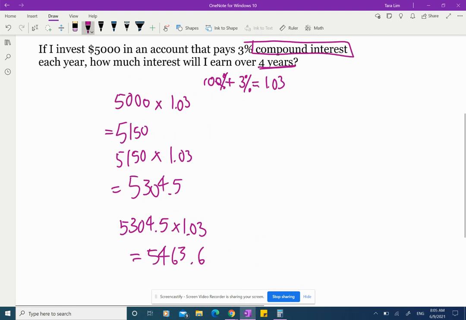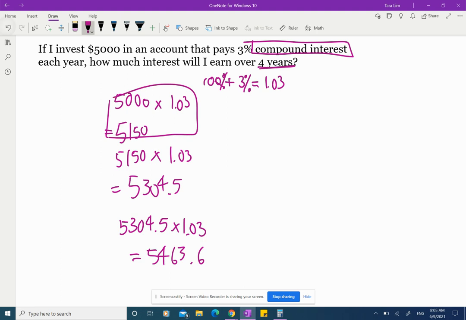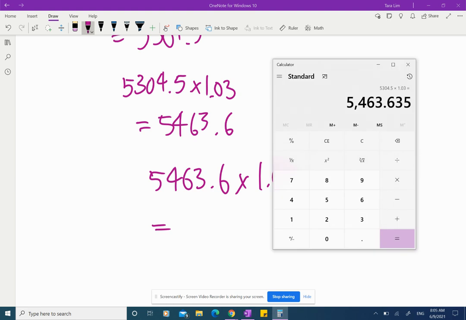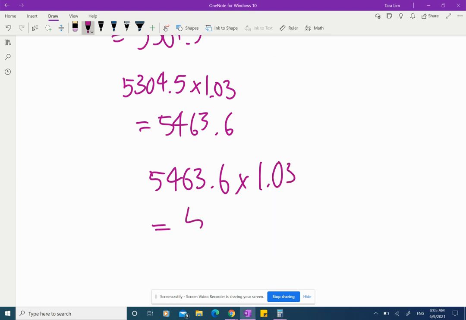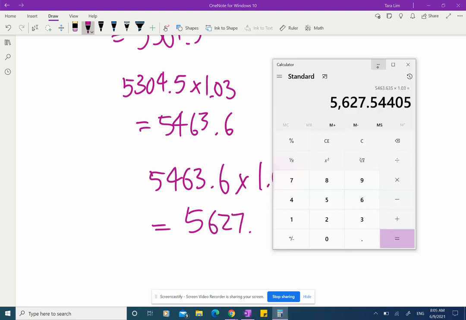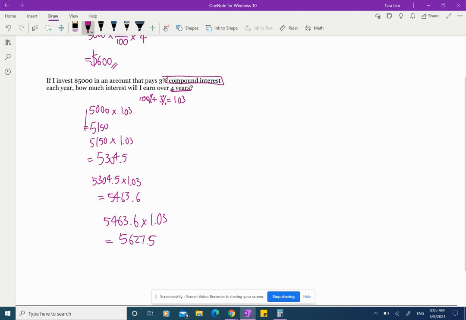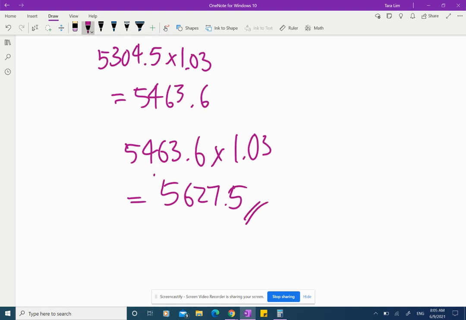And then now we have done it 3 times. We have to do one last time. So this one again times 1.03, and that will give us, let's just round it off as 5,627. So the compound interest is like that.